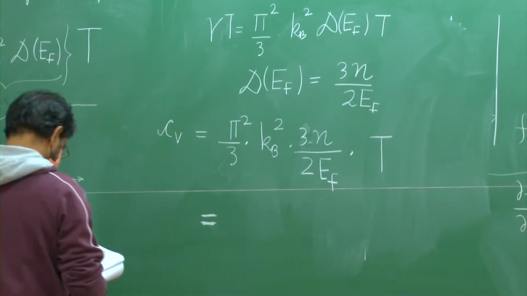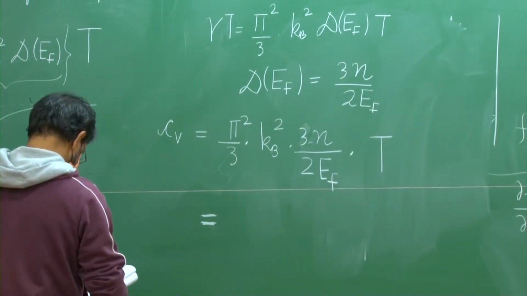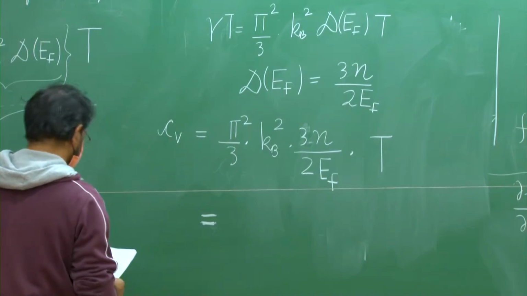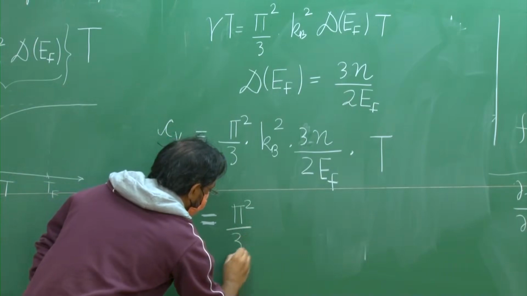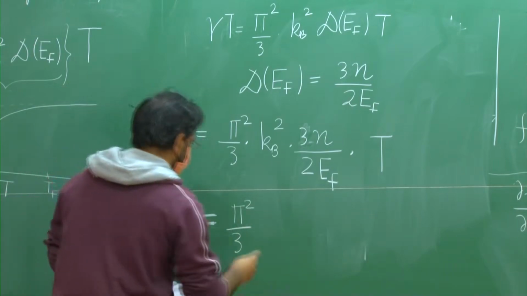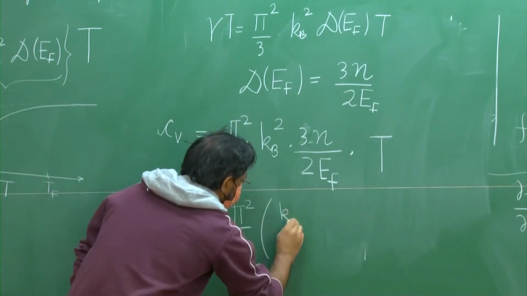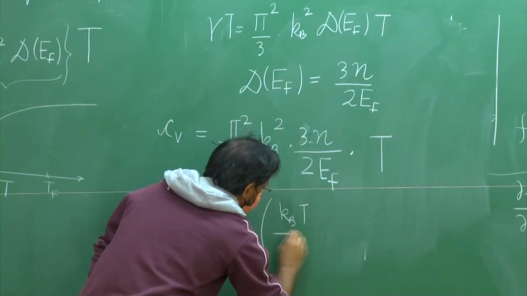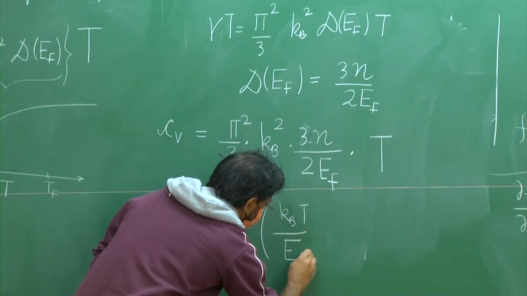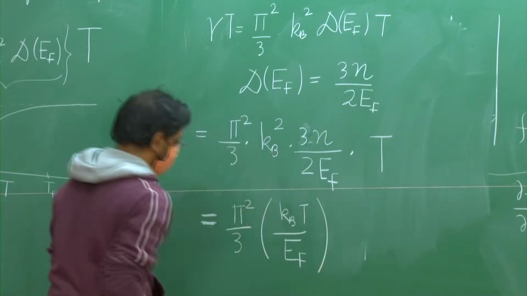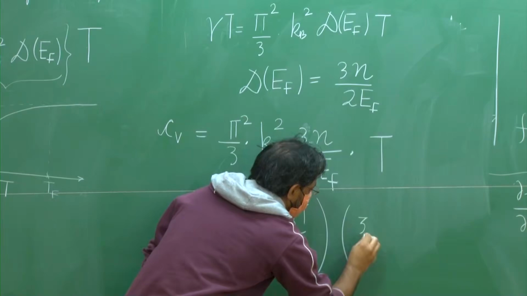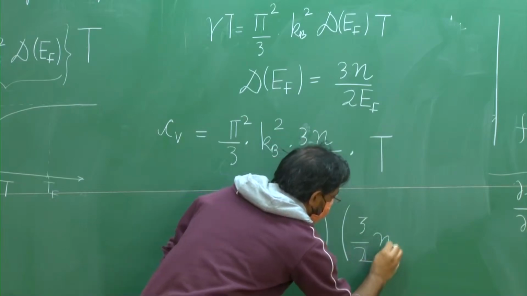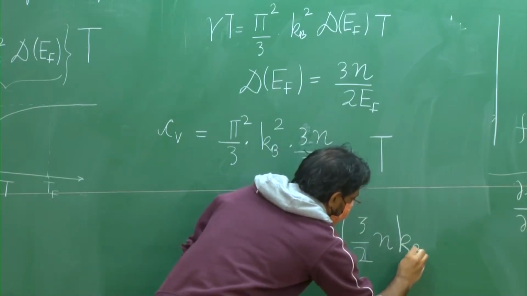So you can write this as pi square by 3 times kbT over EF times 3 by 2 NKB.